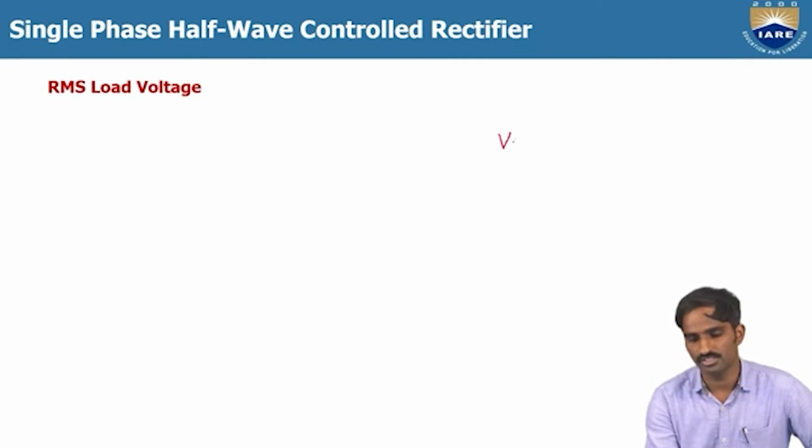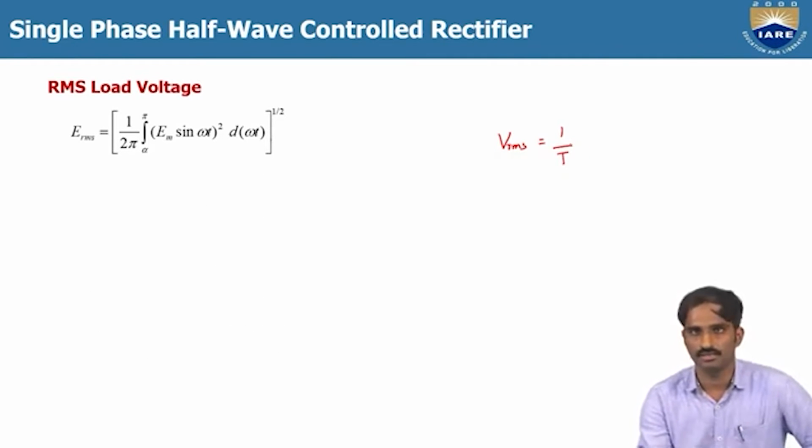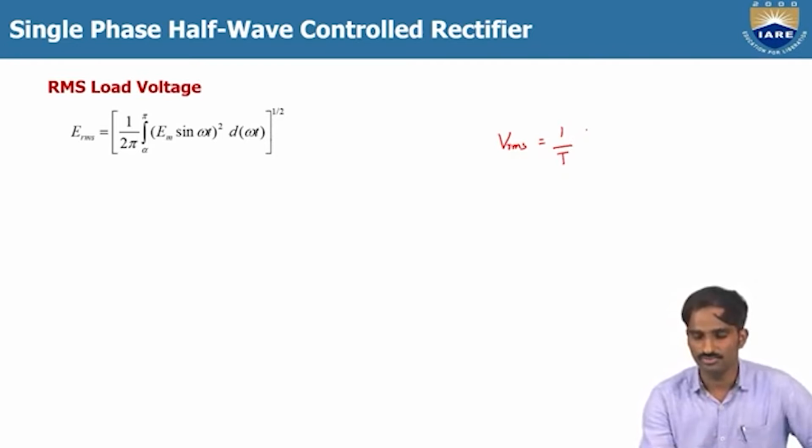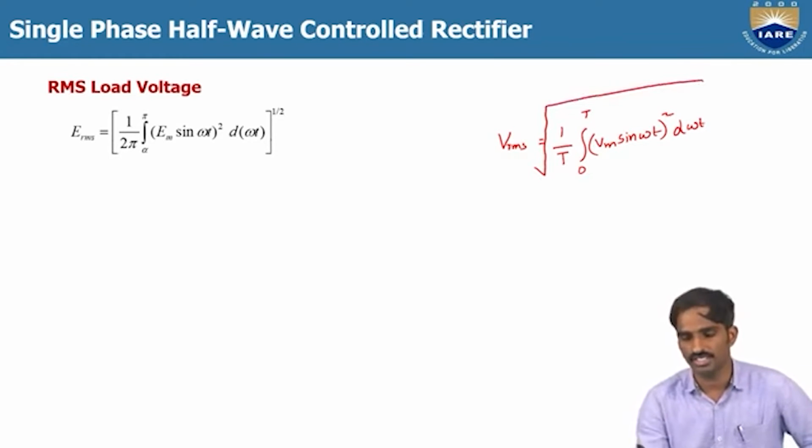Let me consider a voltage VRMS, which is equal to 1 by T into the integral, again from 0 to T, of Vm sine omega T whole square into d omega T, and we take the root, because root mean square gives the RMS value. This is the standard equation.